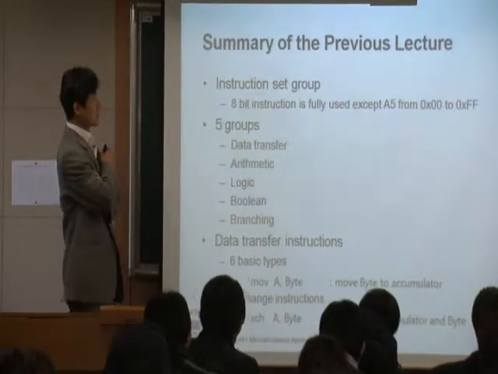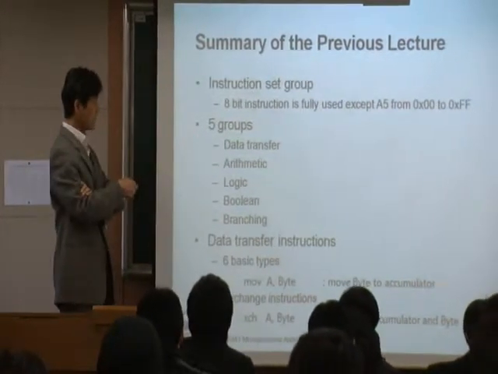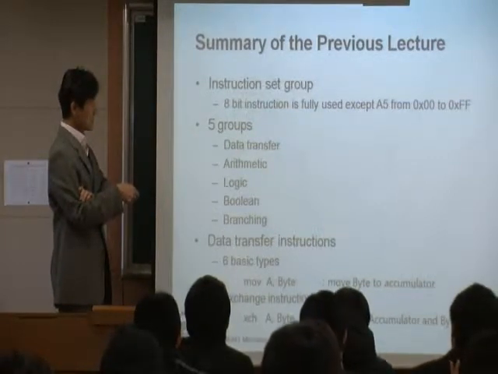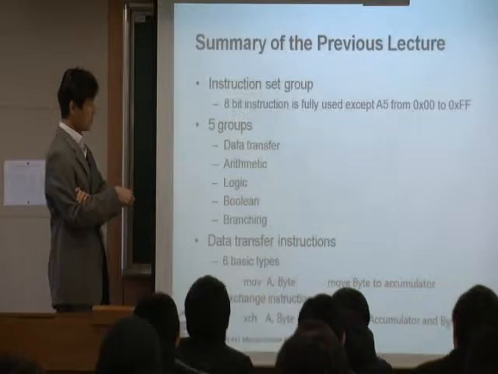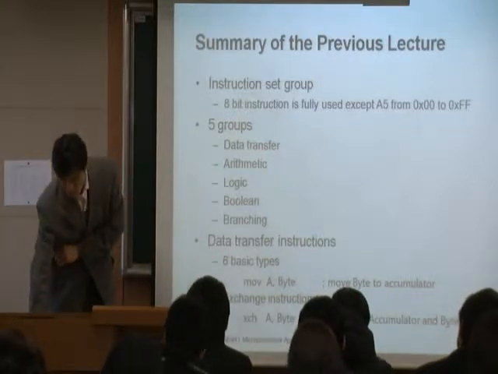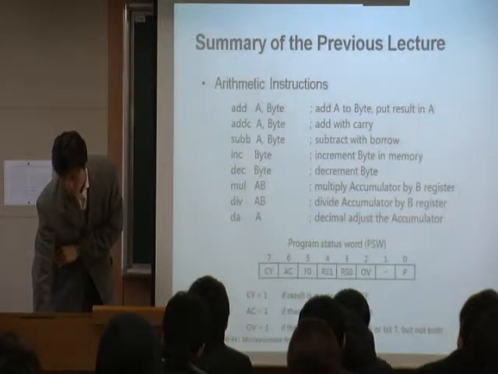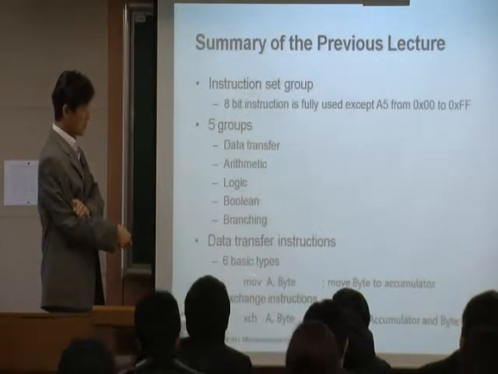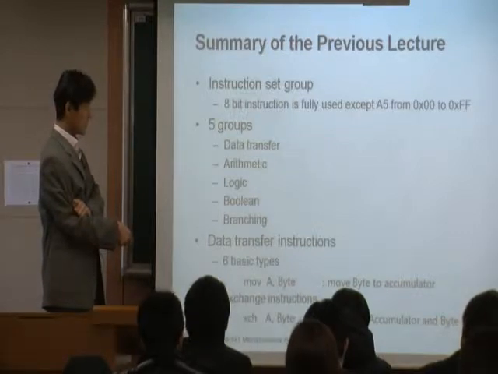We learned the instructions last week, and there are 5 different groups of instructions. First, the data transfer, arithmetic, logic operations, Boolean, and branching, and we're going to look at them one by one. First of all, data transfer. Move instruction is probably the basic one for data transfer.